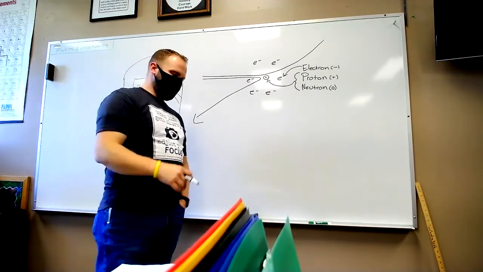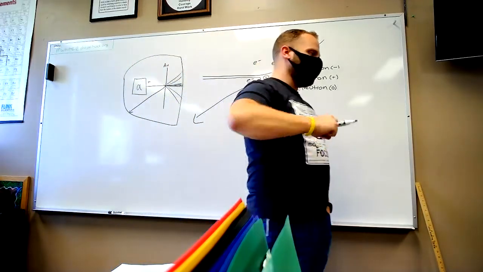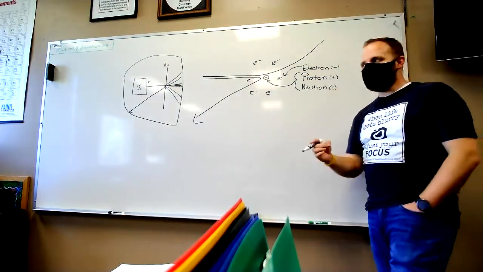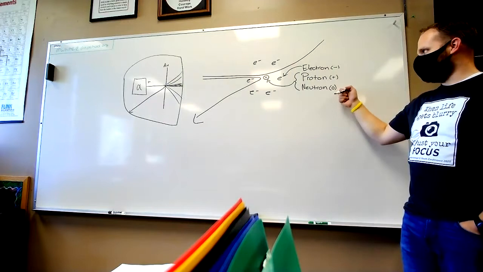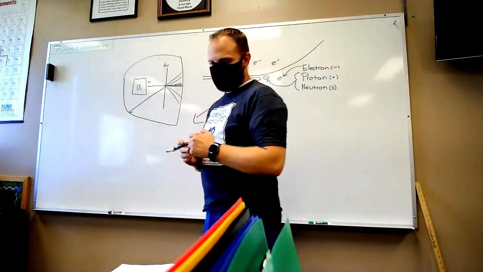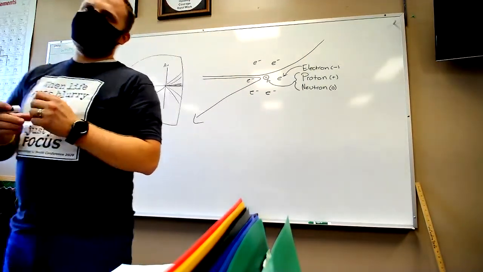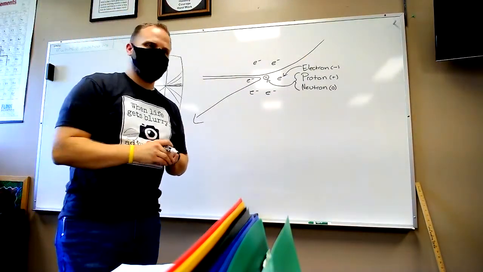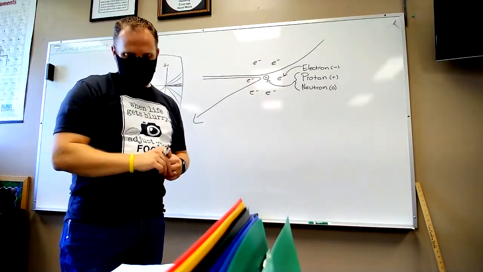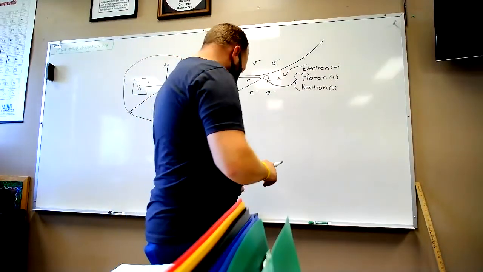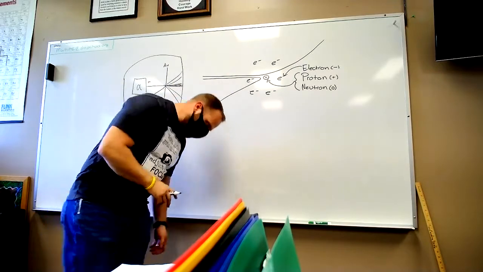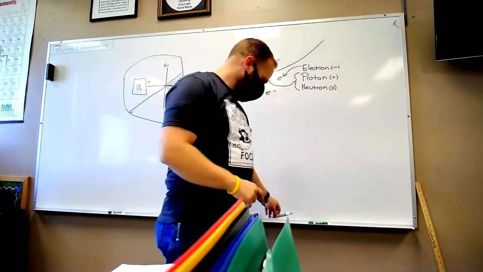So that's the idea of the atom that we're going to be working with throughout this entire year. We've got the nucleus where we have protons and neutrons, and that nucleus is surrounded by electrons. We call it the electron cloud because it is in 3 dimensions all around. We still don't know everything about the atom.